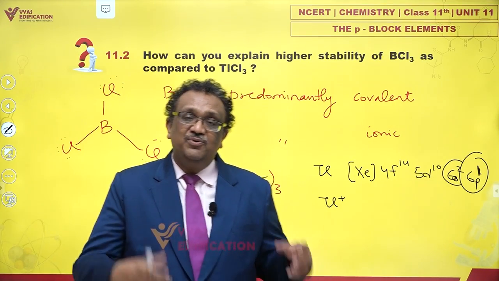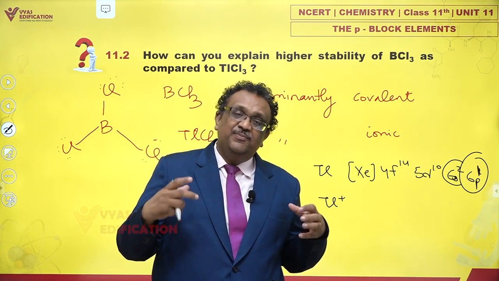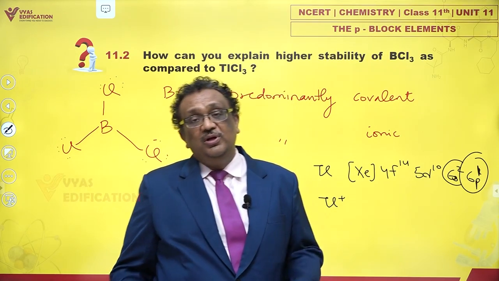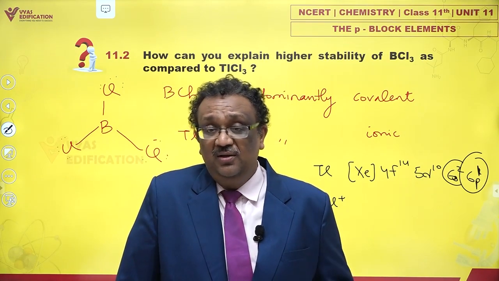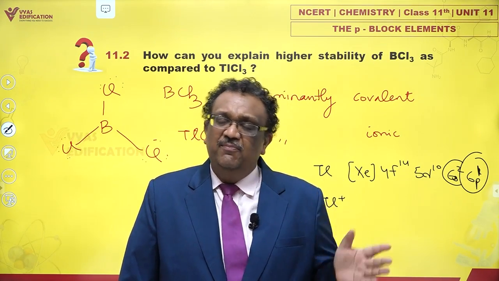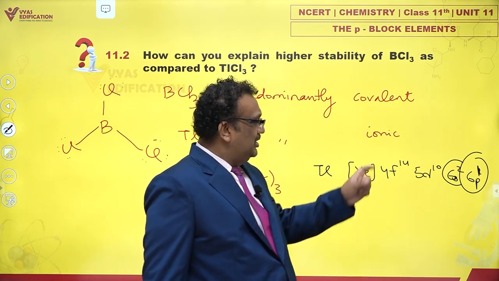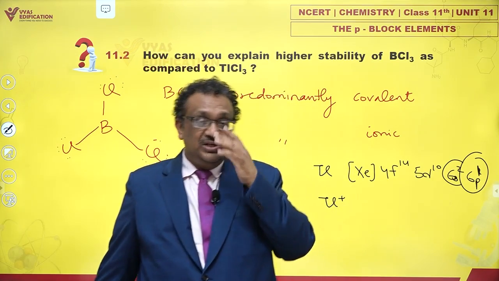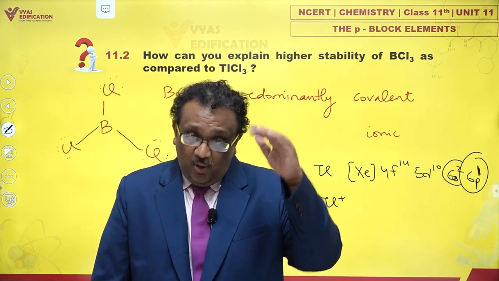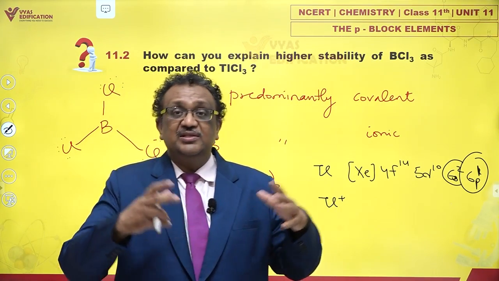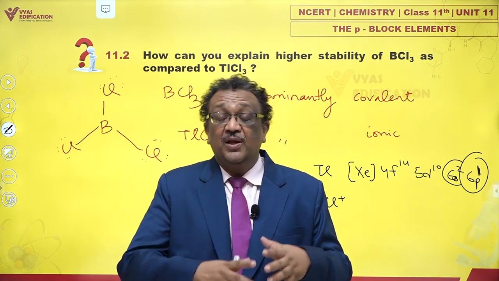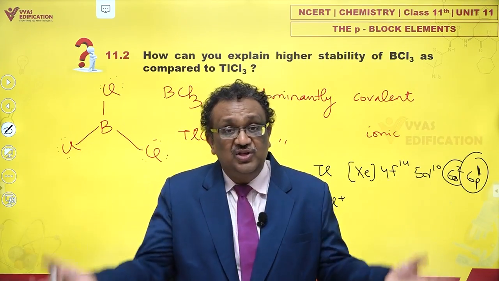Now s subshell, please understand, is more closely attached to nucleus as compared to p subshell, number 1, in general. P more than D, D more than F, but S is held most tightly by the nucleus. It is more difficult to lose 6s electrons. Also, on moving down the group, the size of orbital increases. Bigger orbitals means larger volume.